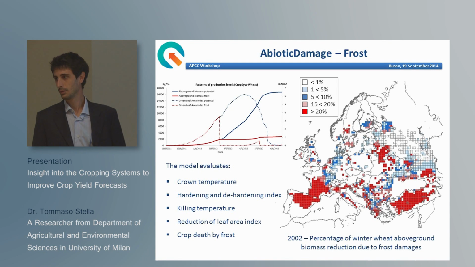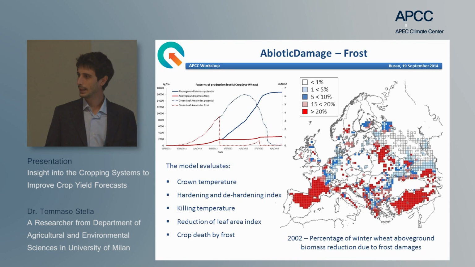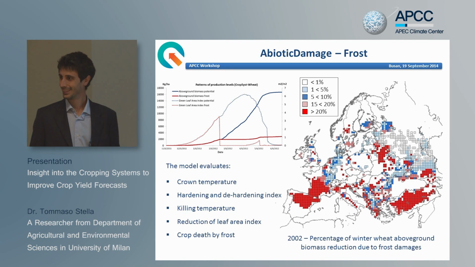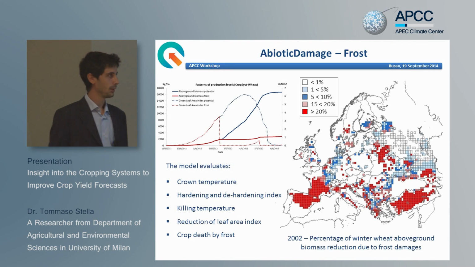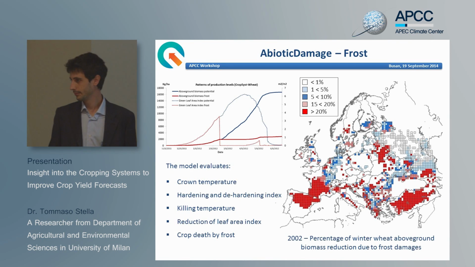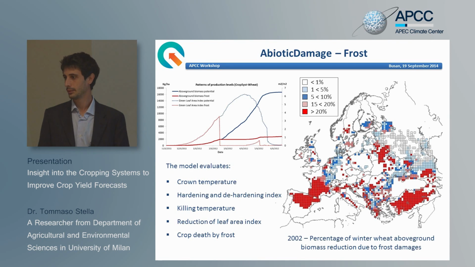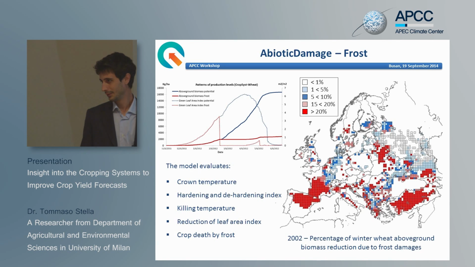What happened to the old leaves? To the leaves? Yes. Okay, in reality or in the model? Both. Okay, the leaves die. They die and they can fall depending on the crop.